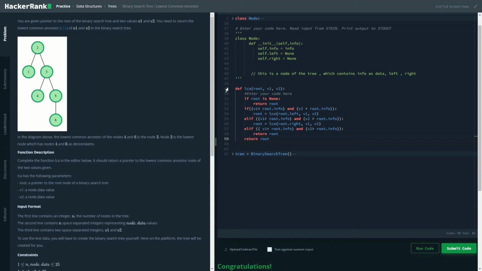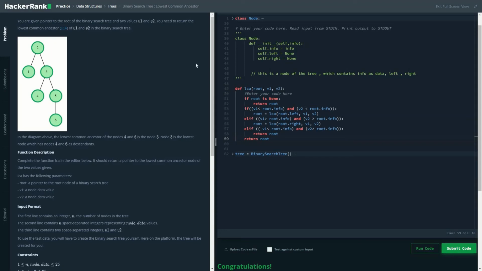In this way we would be recursively calling it until we find a condition where the current value of the node is greater than v1 but at the same time smaller than v2, so it should automatically say that it would be the lowest LCA among both of these values.